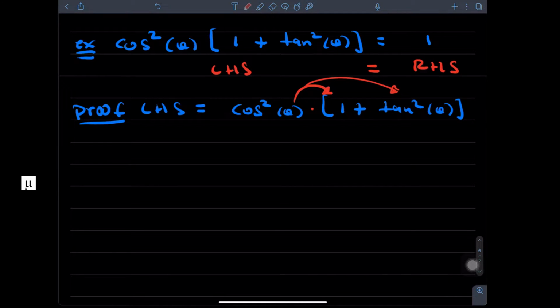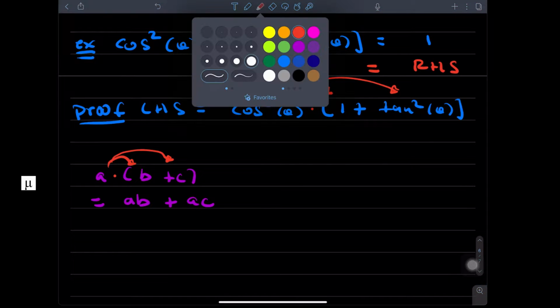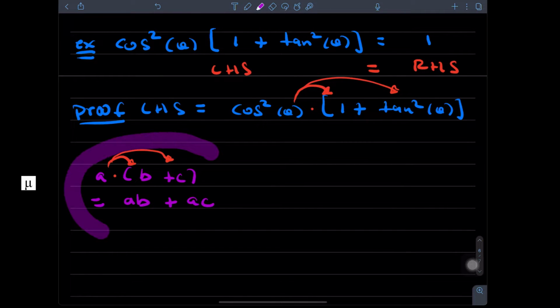What property is this? You guys know? Should I bring out my purple? A times B plus C is the same as what? AB plus AC. This is the algebra. Right? What is this known as? Isn't that the distributive property?